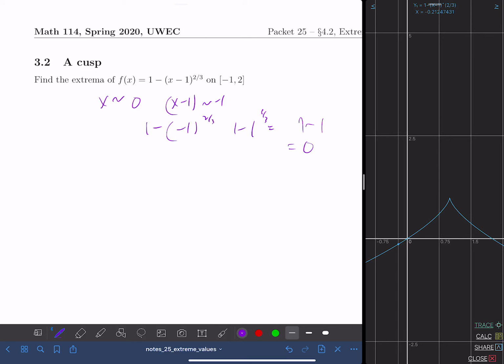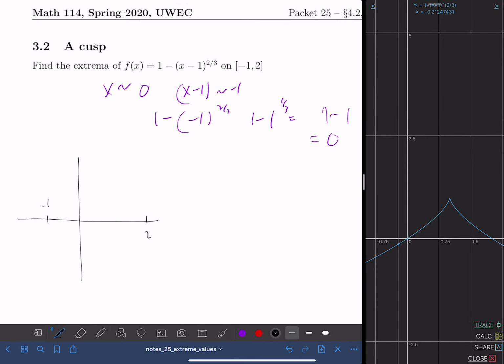Anyways, so we've got a plot of our function. Let's go ahead and replicate it. Let's draw some axes. -1 to 2.